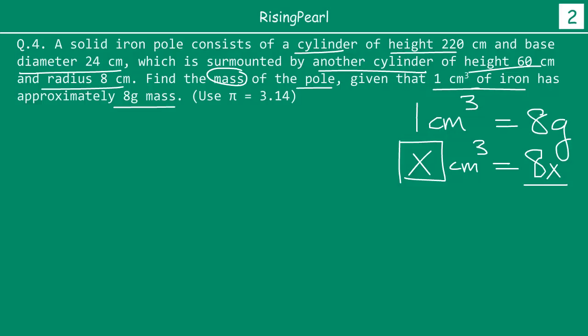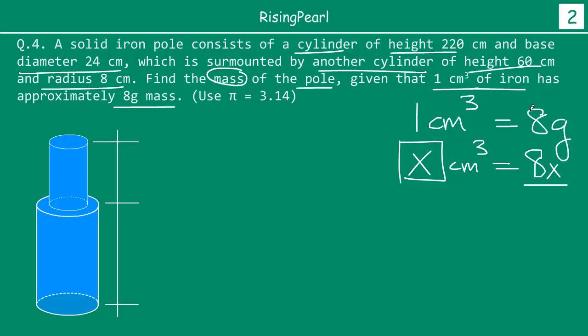So now let's look at it. We have one cylinder and then one more cylinder on top of it. For the bottom cylinder, let's say the radius is R1, and this is the height of the bottom cylinder, let's call this H1. And for the small cylinder, let's say the radius is R2 and the height is H2. So we have been given these values.